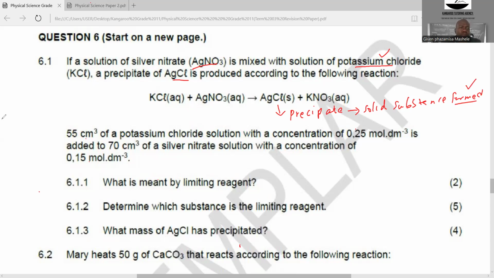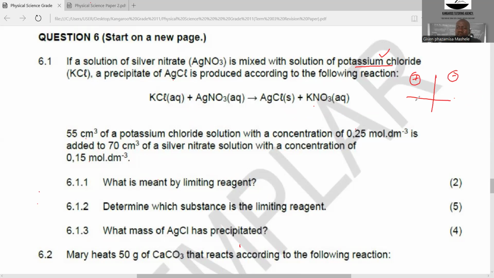Now, from this reaction, we are told that potassium chloride and silver nitrate react to produce silver chloride and potassium nitrate. And I strongly believe you know how they got the products. Remember, we can use the ionic reaction, the plus and the minus.